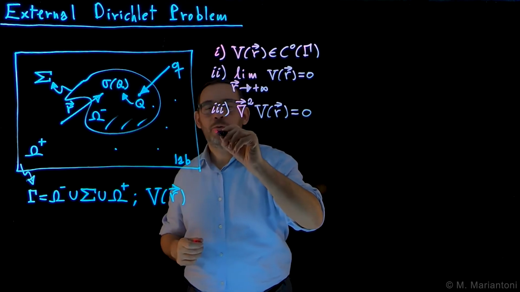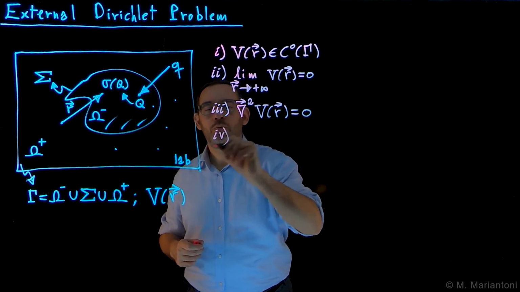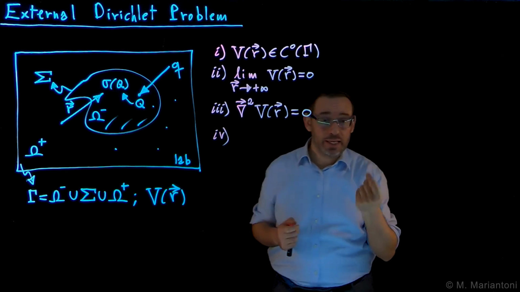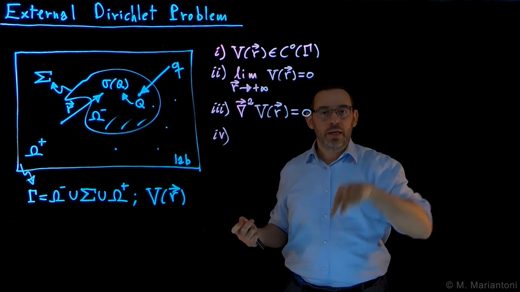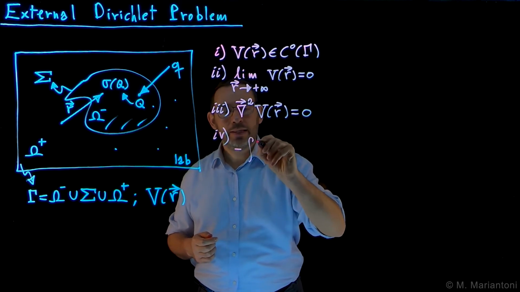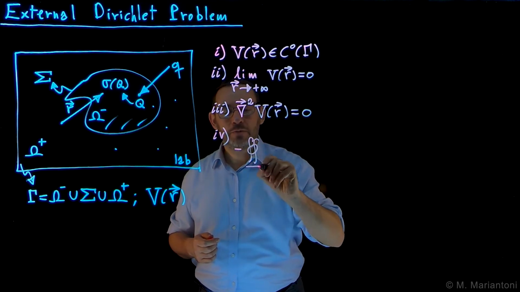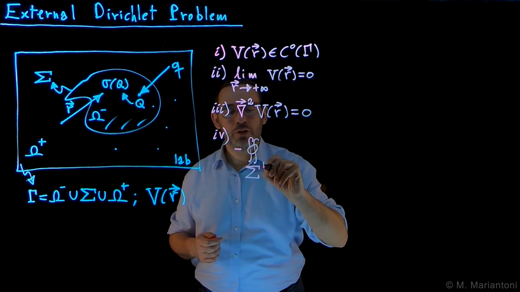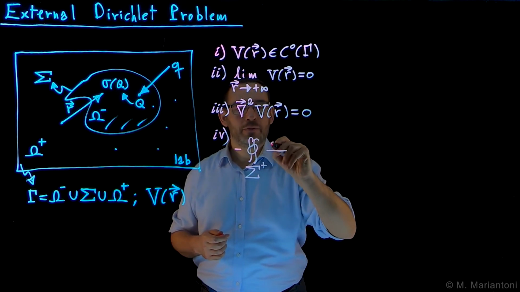Okay, the fourth condition we want to use, the fourth step, is Coulomb's theorem in integral form for V, which tells us that minus the integral on the limiting surface capital sigma plus from outside of the normal derivative.